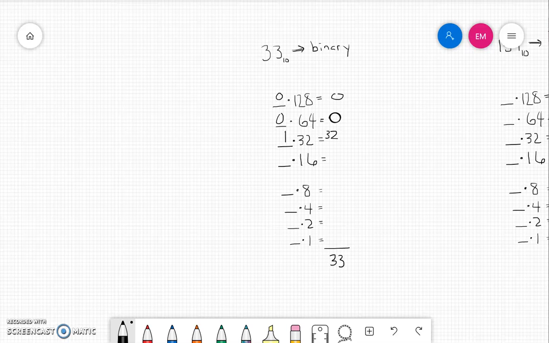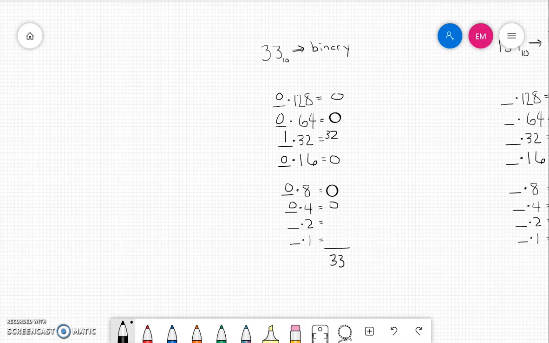One in the 32s place value is going to give me a total of 32. If I put a 16 in, 16 would add to the 32, and of course that would be bigger than 33, so I'm going to need 0 of those. If I add 8 to 32, that will certainly give me more than 33, so I'm going to have 0 of them. Adding 4 to 32 will be too much, so 0 of those.